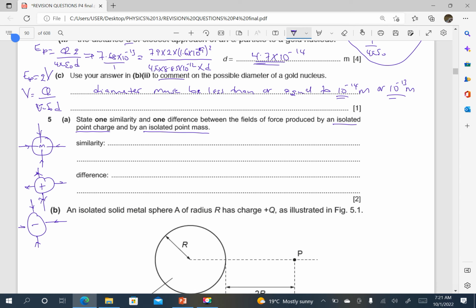So we can say both fields are radial. In other words, they both have an inverse square variation.